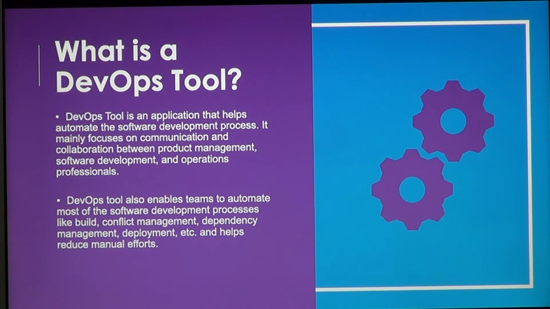DevOps tools also enable teams to automate most of the software development processes like build, conflict management, dependency management, deployment, etc., and help reduce manual effort. That is important: manual effort is reduced because it automates the software development processes.